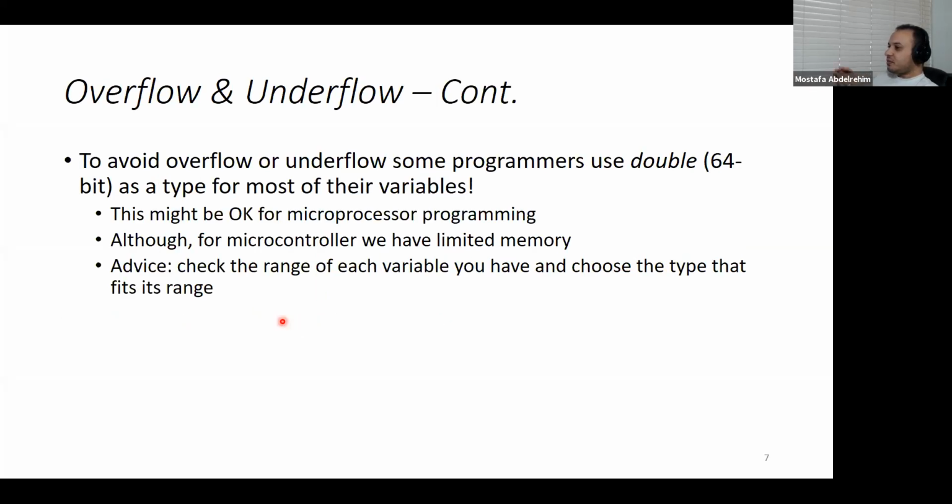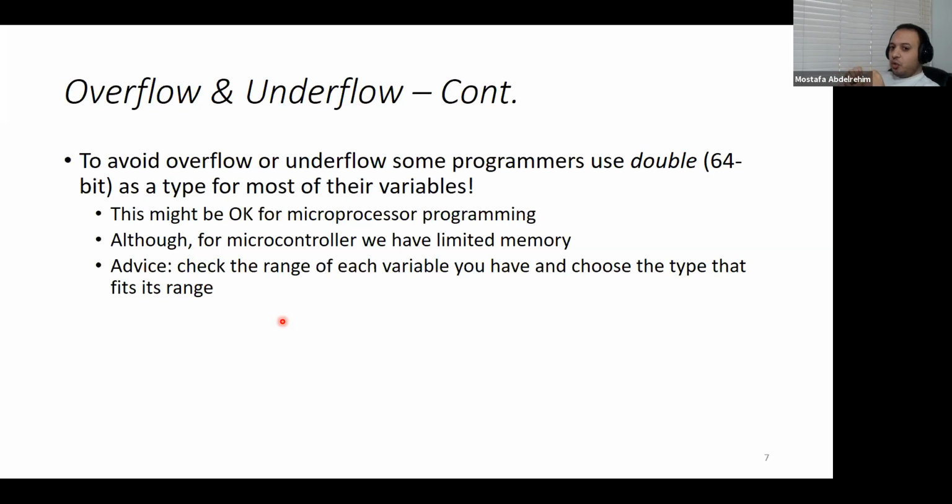People might say, okay, to avoid overflow, we might define the variables with bigger range, like for example using double, or maybe define all your variables as double. Yeah, this might be okay for microprocessors, but for microcontrollers it's not, because microcontrollers are usually very limited in memory.